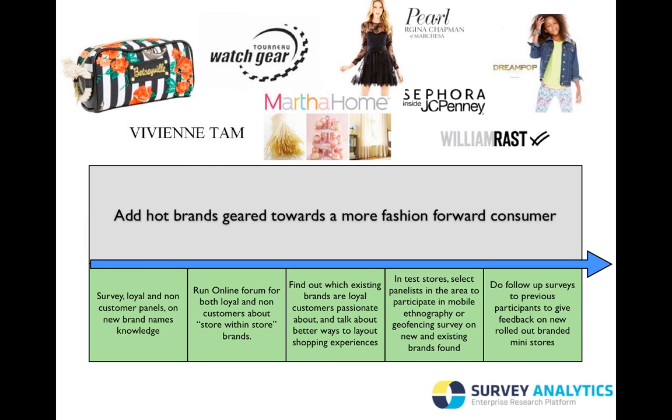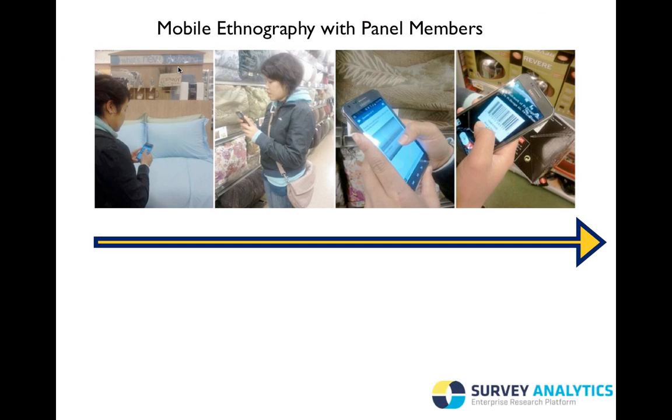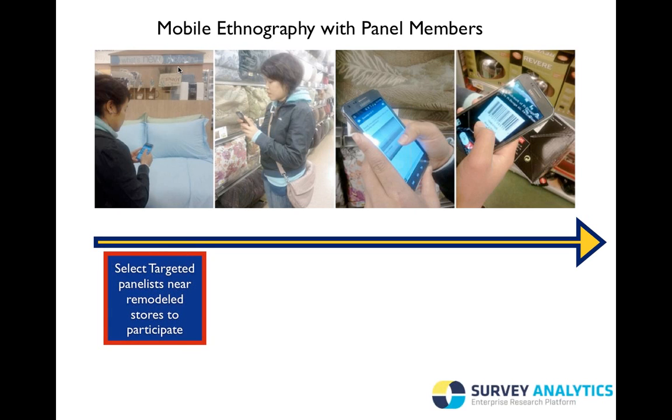A lot of items like St. John Bay got taken off the shelf for a little bit, and it really upset a lot of customers. And had they done some research and realized that people actually came to the store to shop for St. John Bay, then they may have thought about maybe doing a boutique shop or doing something to cater to those customers, instead of taking it out and now listening to the customers and bringing it back in.